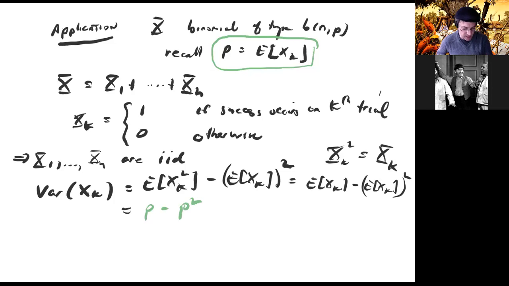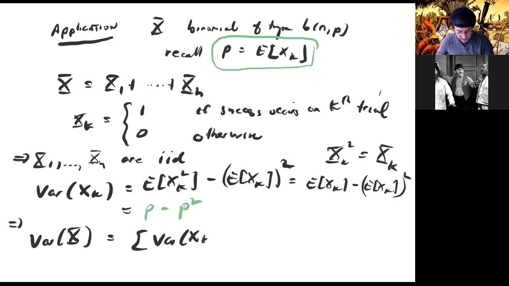Now, since the xi's are identically distributed and independent, in particular they're pairwise independent. Any pair are independent. We get that the variance of x is the sum of the variances of the x sub k's, k goes from 1 to n, which we know to be a sum of the following numbers: p minus p squared.